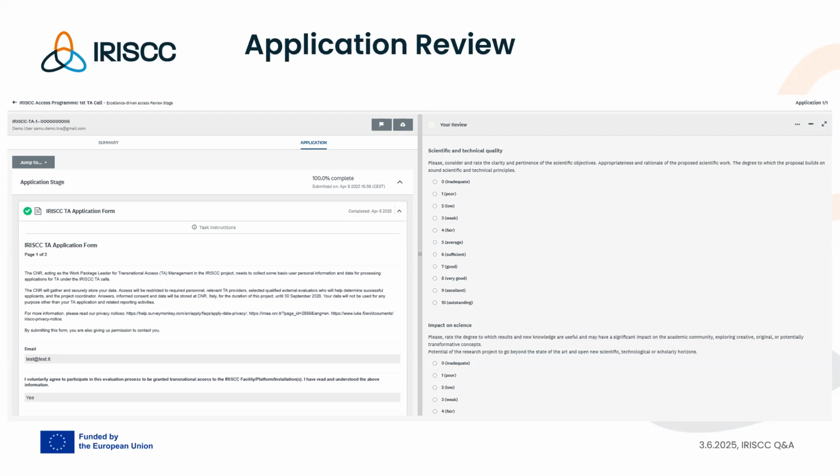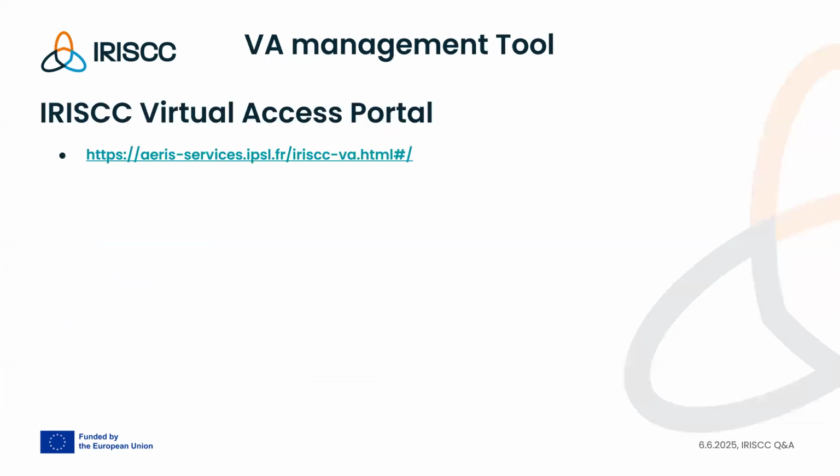So this is for eligibility, for feasibility, and finally for the merit review of your application. So there is a scoring system, and based on the total scores, you will be granted access or not. And with this, I think I have finished my part, but I'm here for your questions.